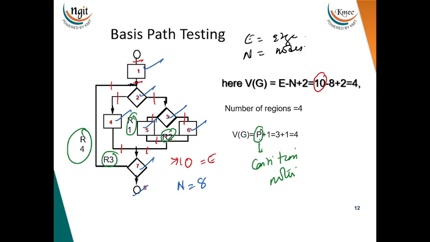Now for an example, let's say this is basic path testing. I have a program which is represented here. Here cyclomatic complexity V(G) is equal to E minus N plus 2.